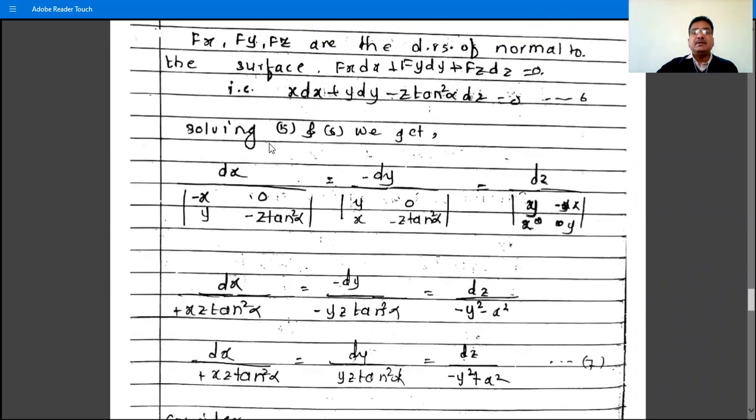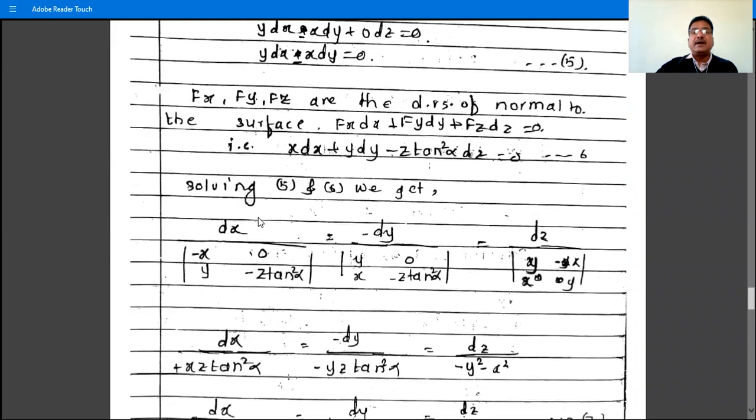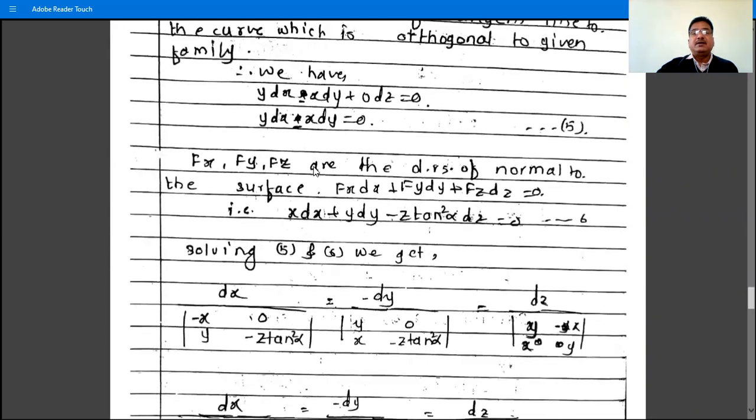So solving equations 5 and 6, we get by using Cramer's rule, dx divided by the determinant with rows y, minus x, 0 and y, minus z tan square alpha, minus dy divided by the determinant with rows y, 0 and x, minus z tan square alpha, and dz divided by the determinant with rows y, minus x and x, y.